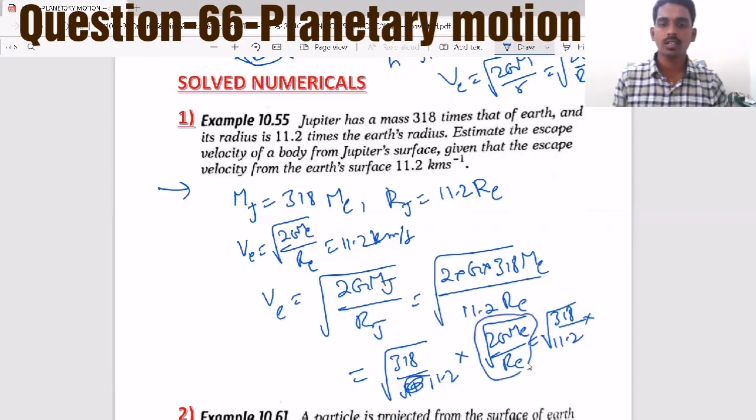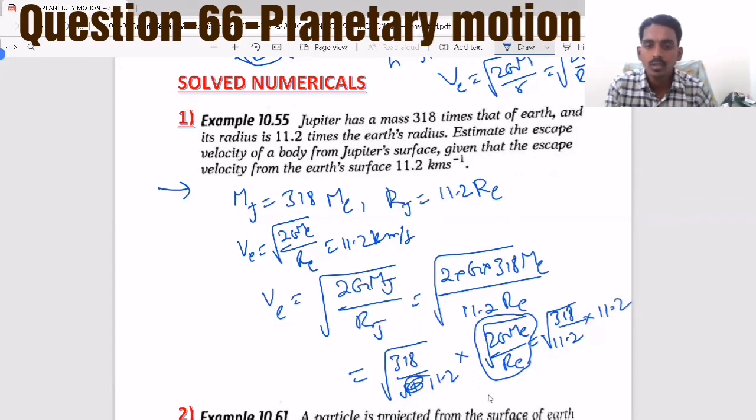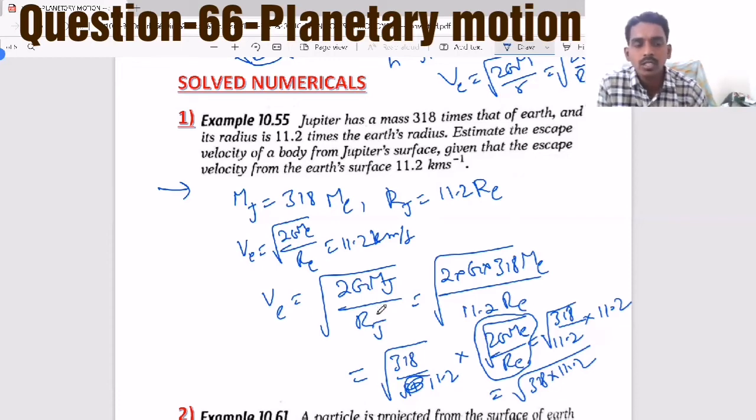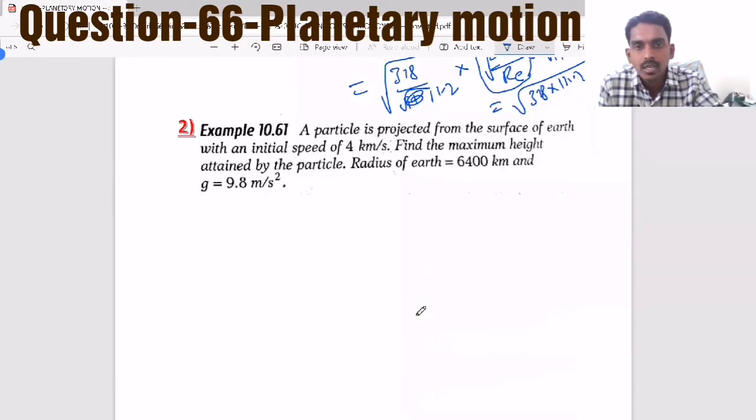This is nothing but the escape velocity from the surface of Earth, that is 11.2. So you will get root of 318 by 11.2 into 11.2. So this way you need to calculate the escape velocity. In comparison they can ask, or directly they can ask. Like here in this question, they have asked the comparison between two different planets. And I said many times that comparison based questions can come from any chapter.